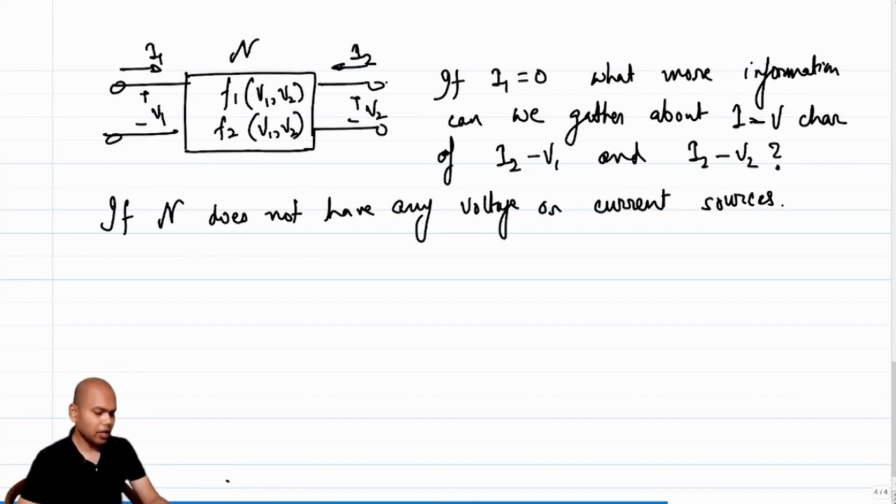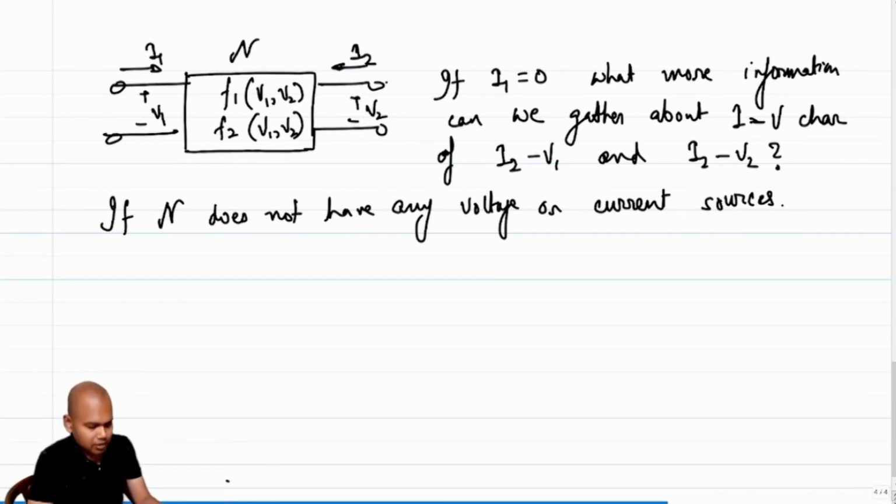right? If N does not have any voltage or current sources, then you might say, I am probably violating one of the original assumptions that we made. I'm not violating, because I'm not saying that there cannot be any other voltage sources, right? The extra DC voltage sources can be connected to port 1 or port 2, right?